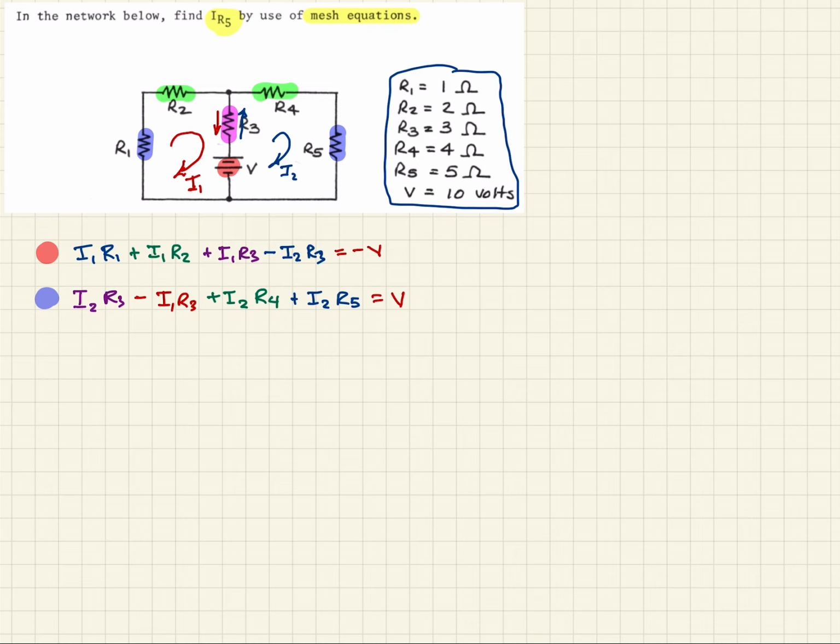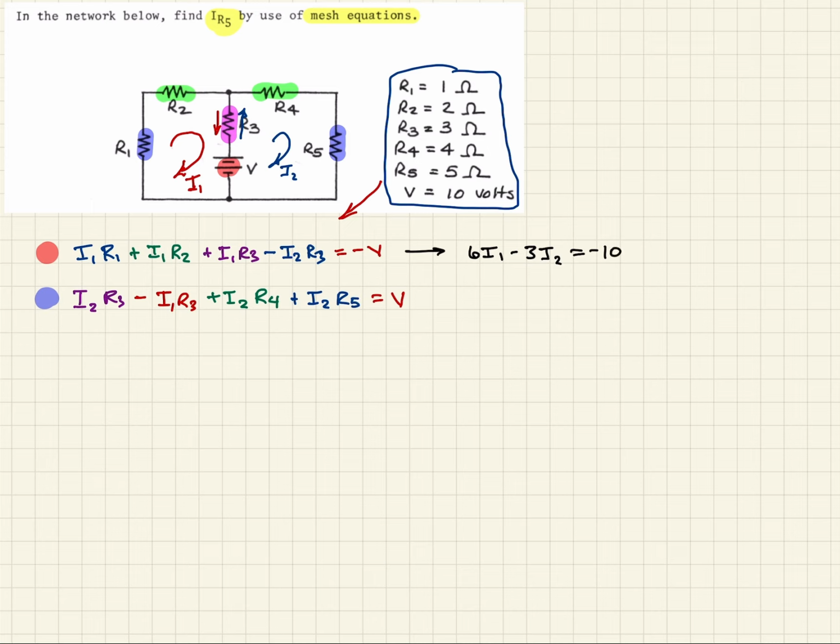So now if we substitute all the values in where they gave us here and substitute those into these equations, we can rewrite these equations in a more simplified form. So this first equation is going to end up being 6I1 minus 3I2, and then that's going to be equal to minus 10.